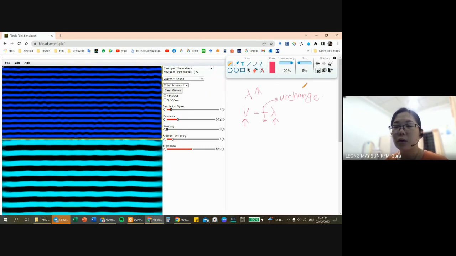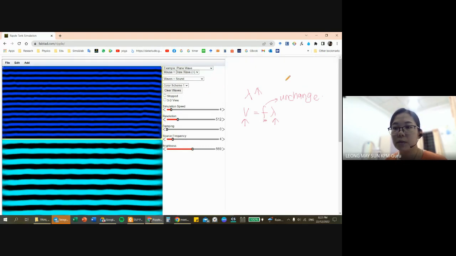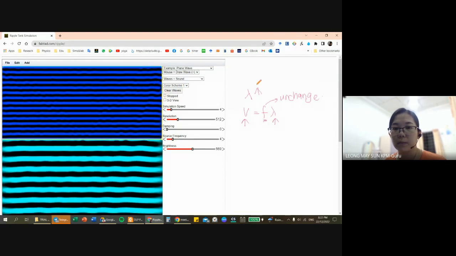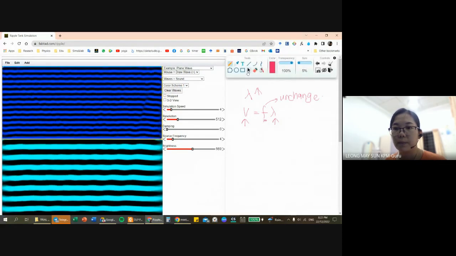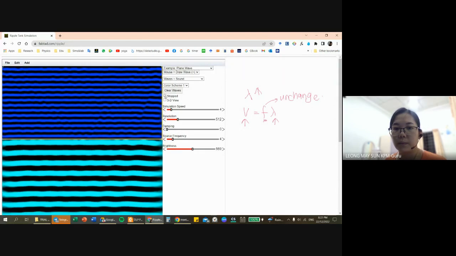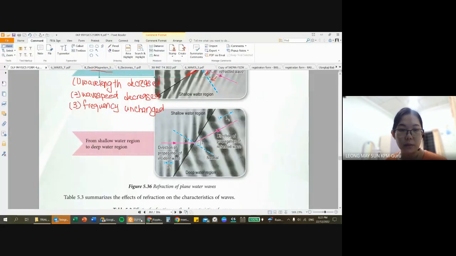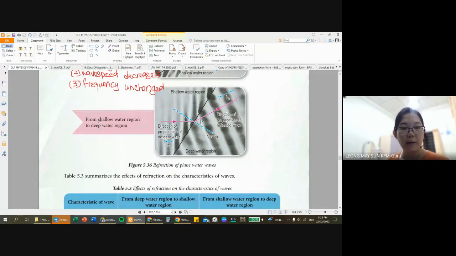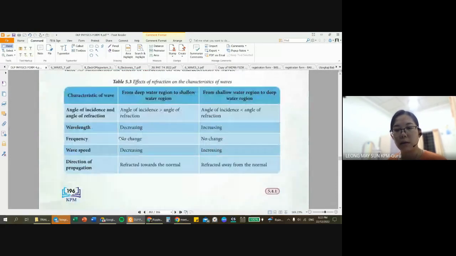Okay, so let me close this, and let's get back to the notes now. When the water wave moved from shallow region to deep region, oh, here they got it right already.